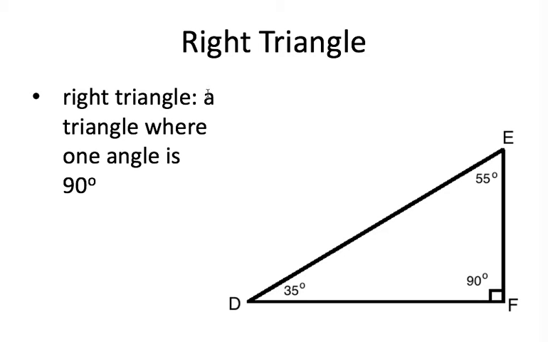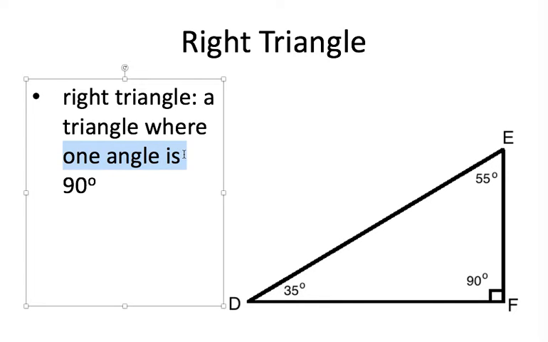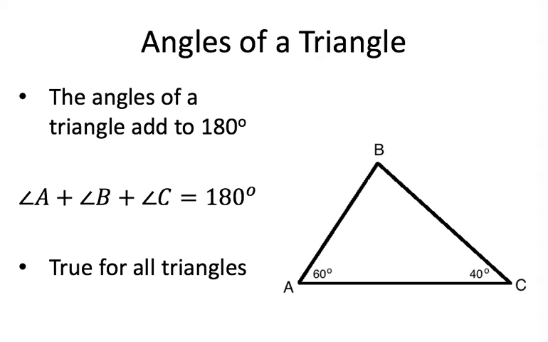The reason the way to define a right triangle is one angle is 90 degrees is because it's impossible to have more than one angle be 90 degrees. And that's because all three angles have to add up to 180 degrees.